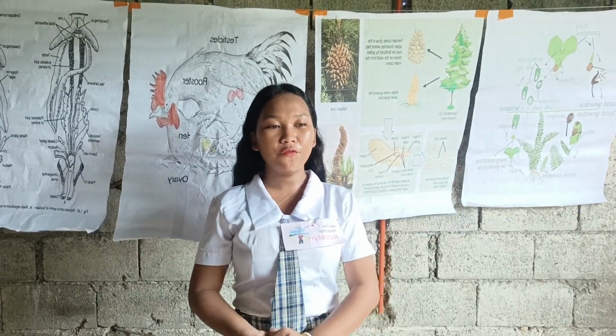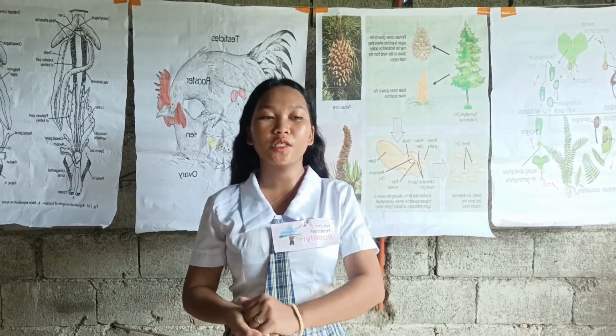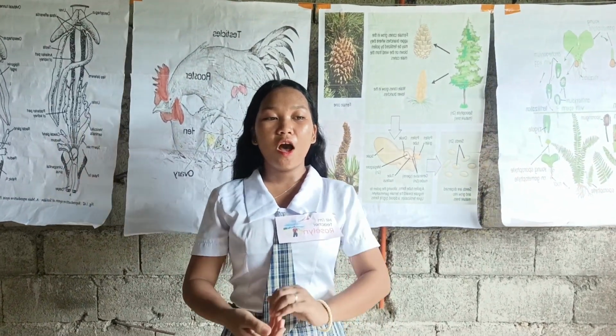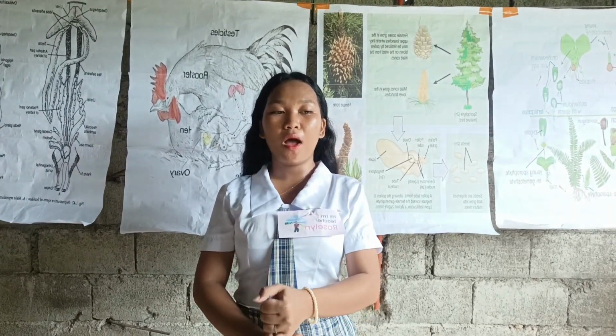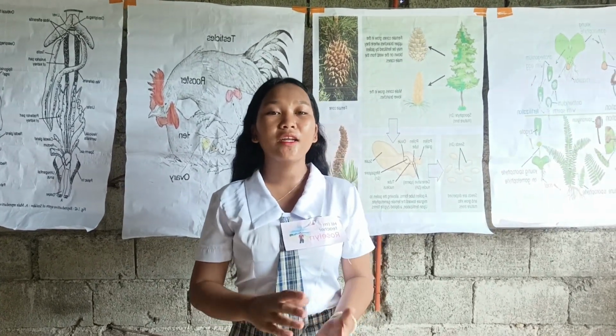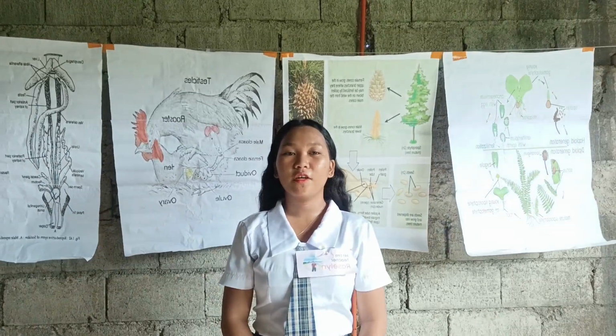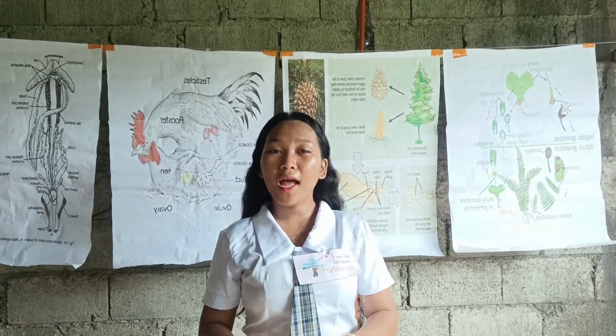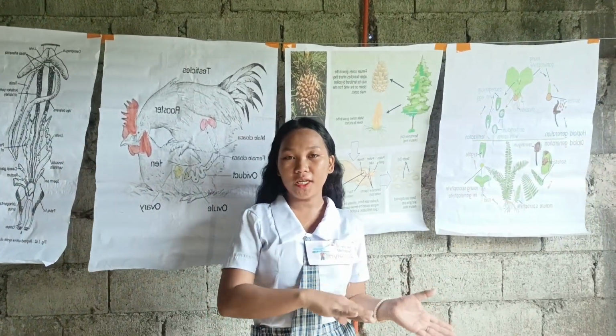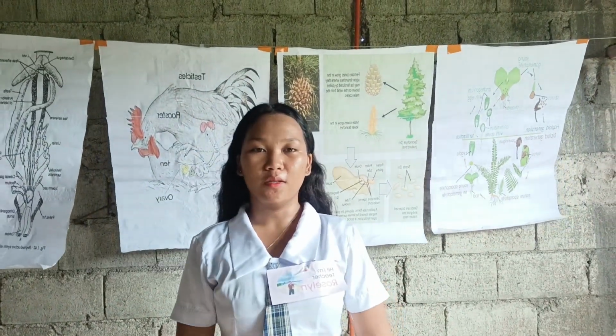Each vas deferens duct, which transports sperm from the testes, opens into a small bump or papilla on the back wall of the cloaca. And also, the reproductive organs of the rooster produce sperm cells to create an egg until it becomes a baby chick. And that's all.